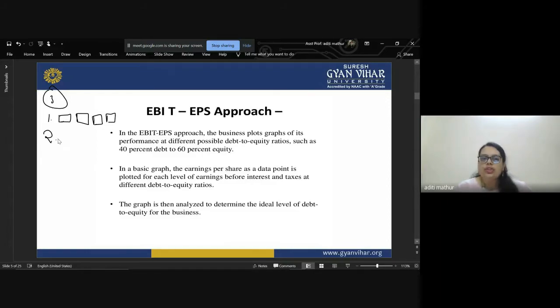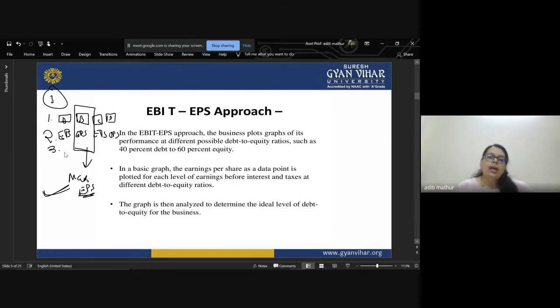The second is to calculate the EPS of each plan, so this is plan A, plan B, plan C, plan D. These are the different mixes of debt to equity. You calculate the EPS of each plan, and in the third stage, you select the best one by identifying the mix which gives you maximum EPS, right?